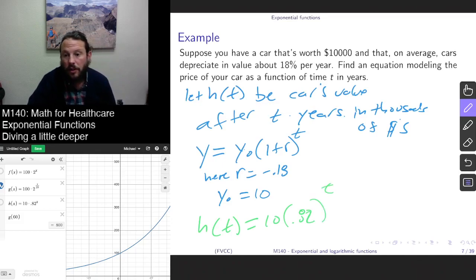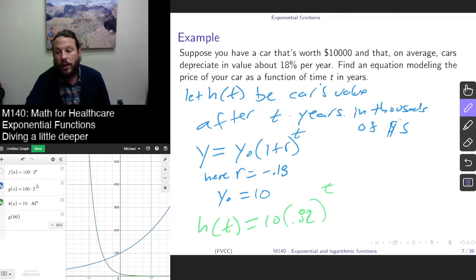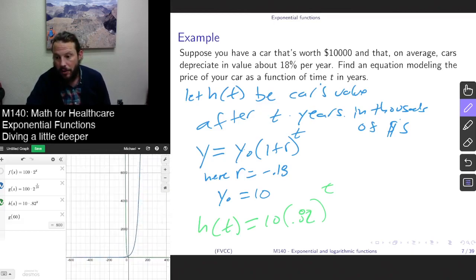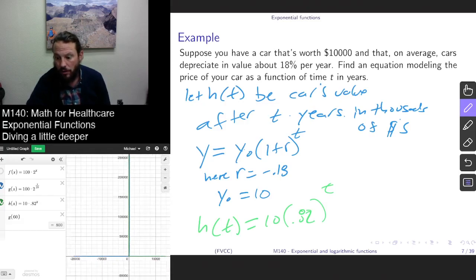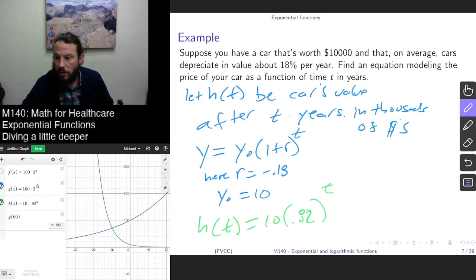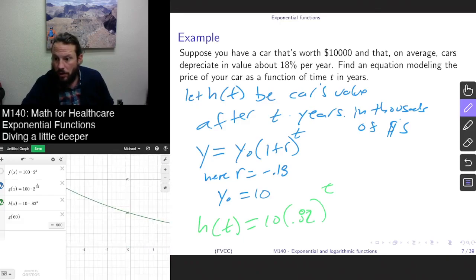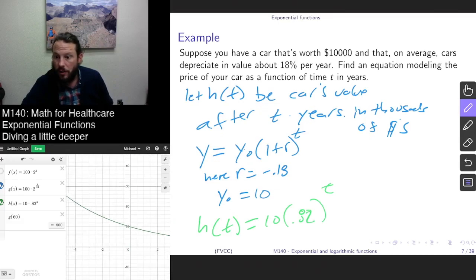Let's see what that looks like. Okay, so that's going downhill from left to right. Sorry, my mouse is acting up a little bit there.